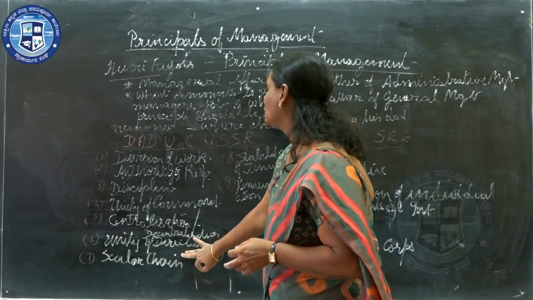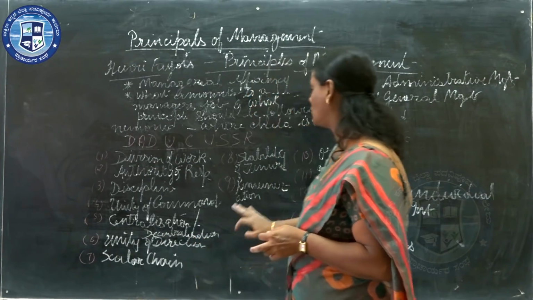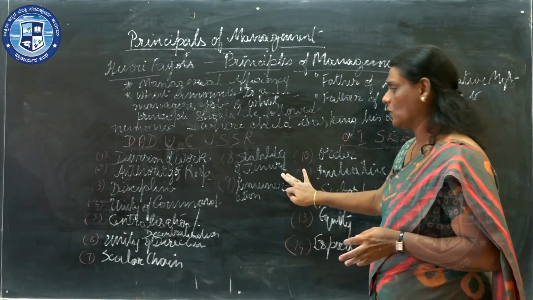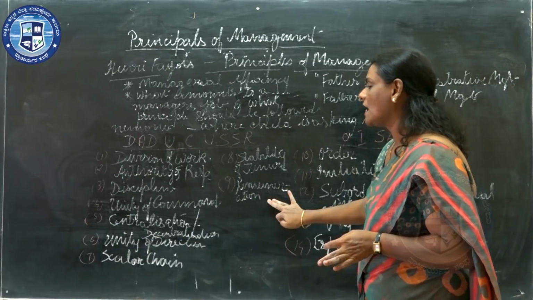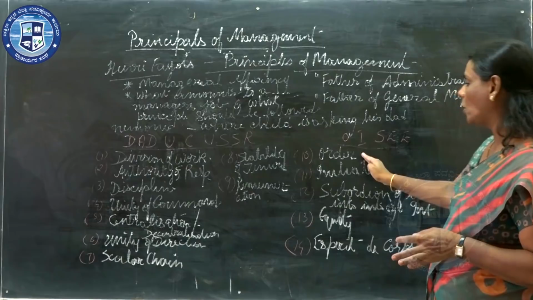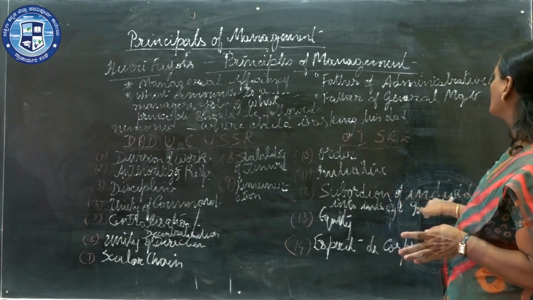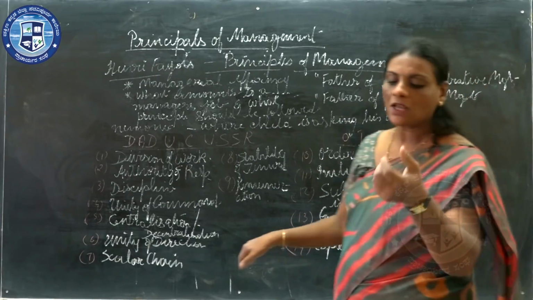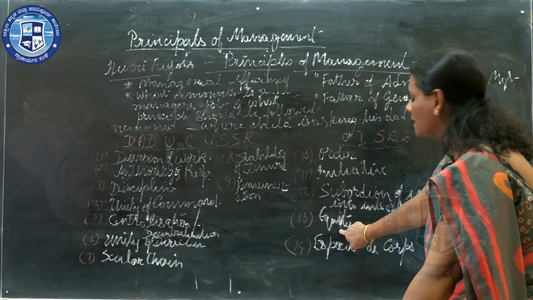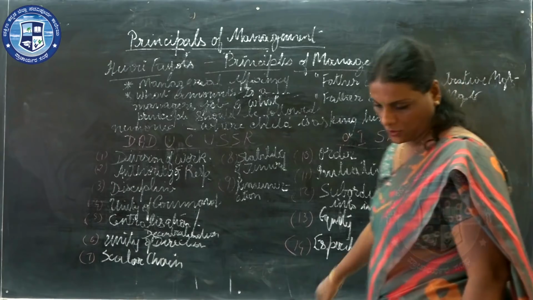Next, you have U standing for unity of direction, S stands for scalar chain, S again stands for stability of tenure. Then the ninth one, R, stands for remuneration. The 10th one being O for order, I for initiative, S for subordination of individual interest to the organizational or the general interest. Next one being equity, and the last one E stands for esprit de corps.